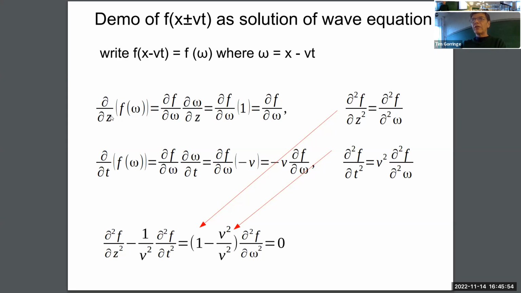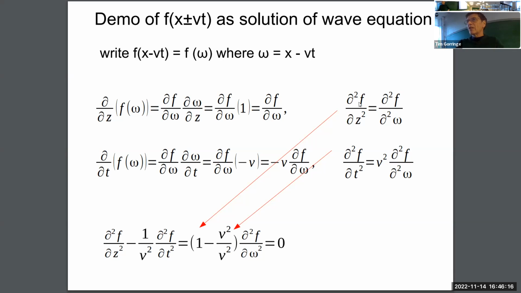Just carry out the differentials with respect to the space coordinate and with respect to the time coordinate. Carry out the second-order differentials with respect to the space coordinate and the time coordinate in this language of this new variable omega.